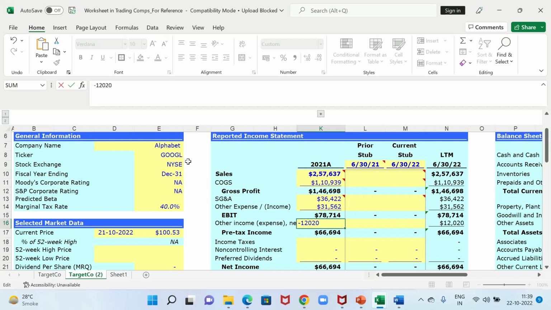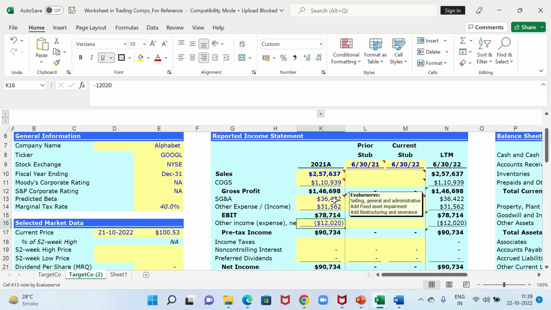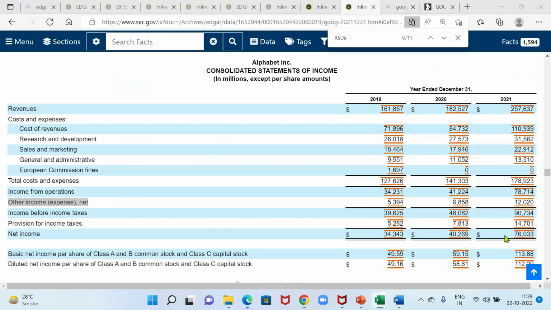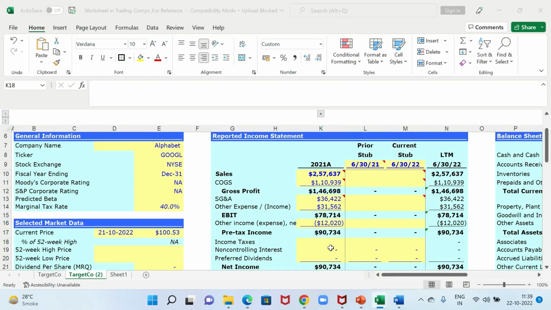I have to show it with a change of sign because I am doing a sum formula: this minus sum of this. So I have to change it to negative. If it were an expense I was showing it positive, but it is income so negative, because I showed all expenses as positive and income as negative.